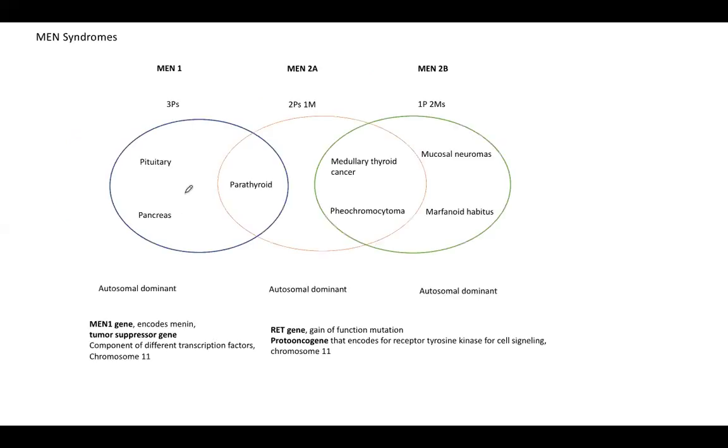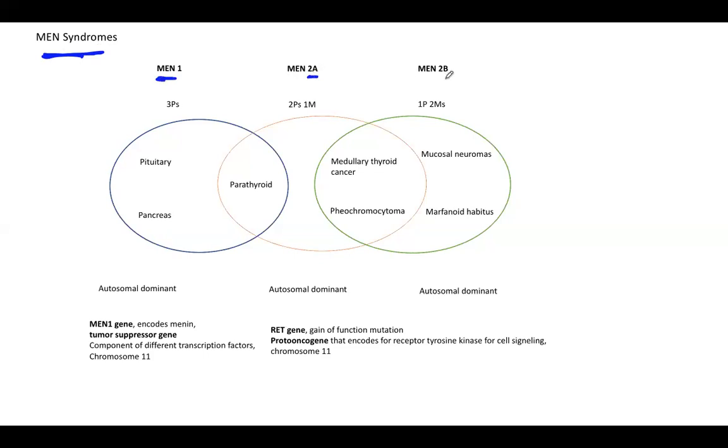So this was about steroids and osteoporosis. Now we go into the section of MEN syndromes, multiple endocrine neoplasia syndromes. In this exam, these are the still previous pattern: MEN1 and MEN2.